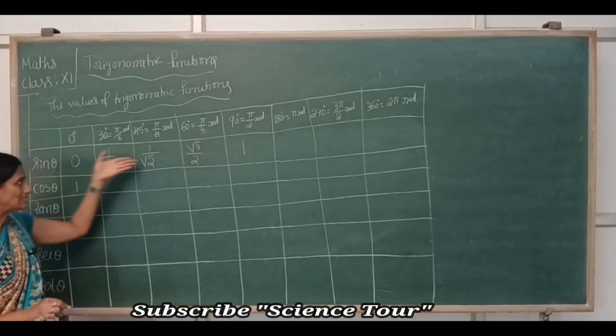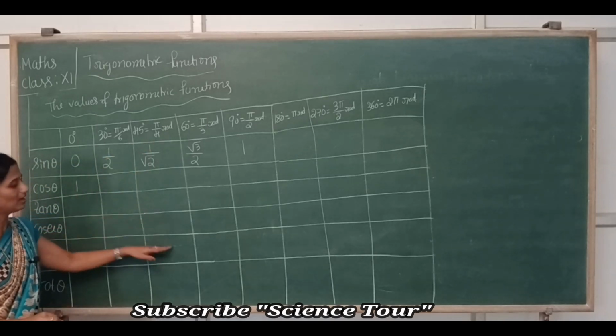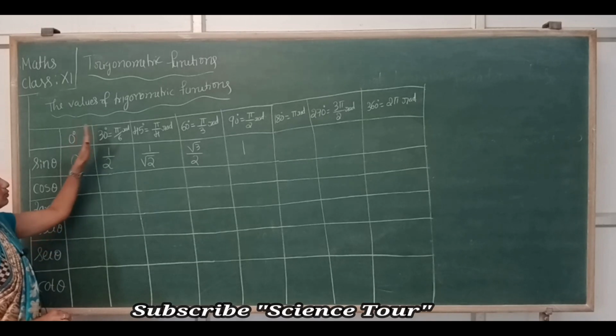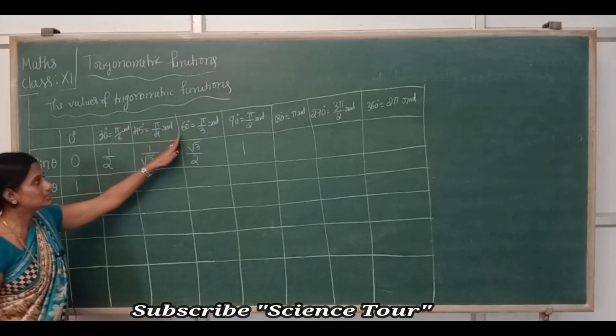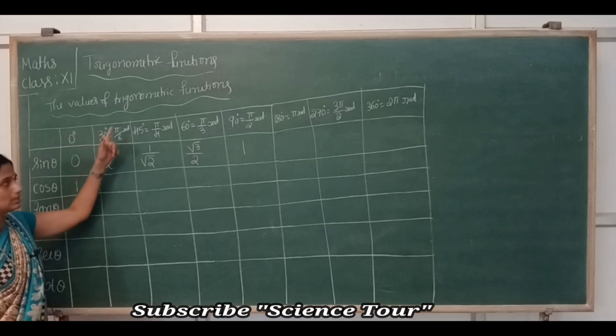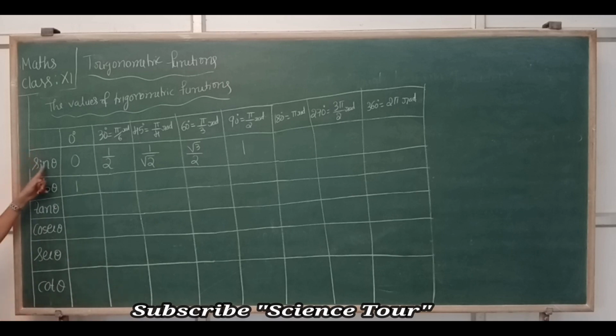So remember this first row. You can write any other values. Understood, no? So just remember 0, 30, 45, 60, 90. It should be in this order. And this also in this order, that is sine, cos, tan. Don't interchange. Cosecant, secant, cot. Then easily you can fill this box. So how to fill this?